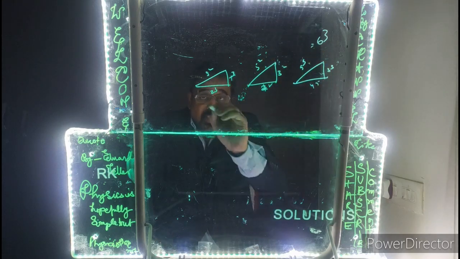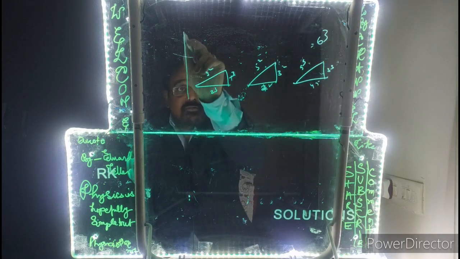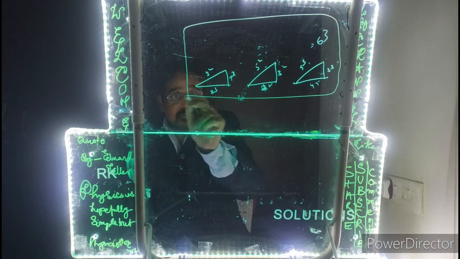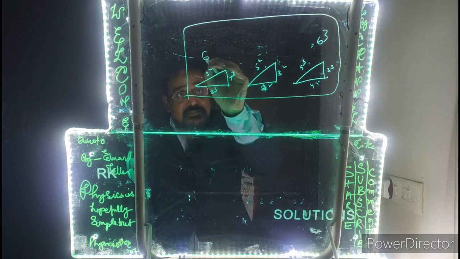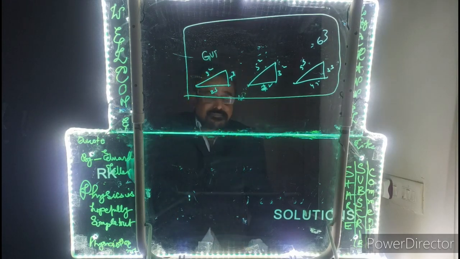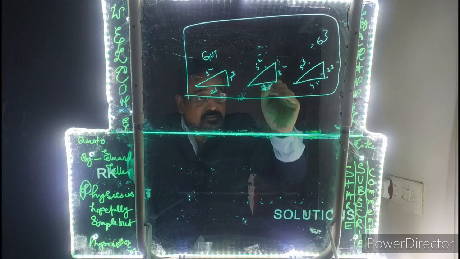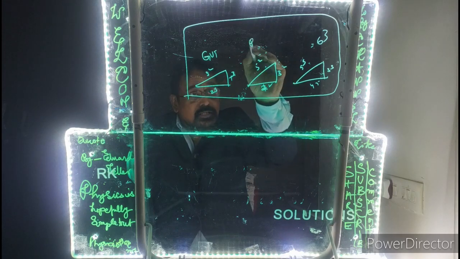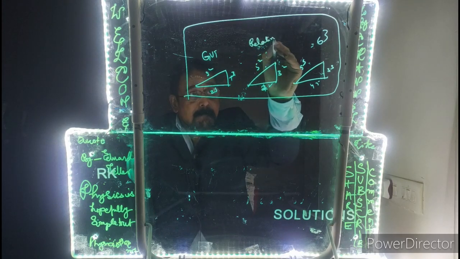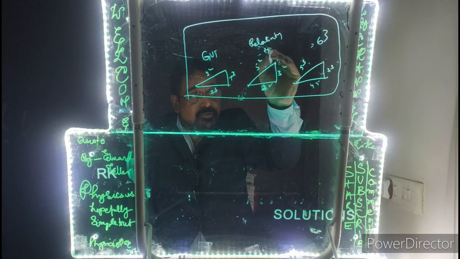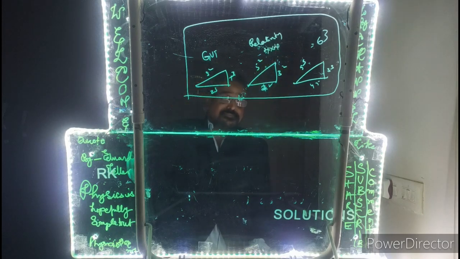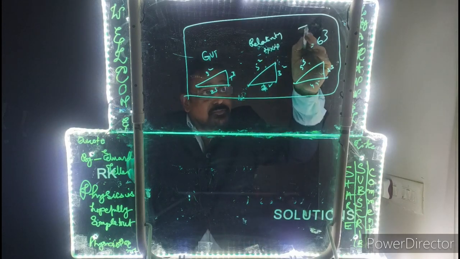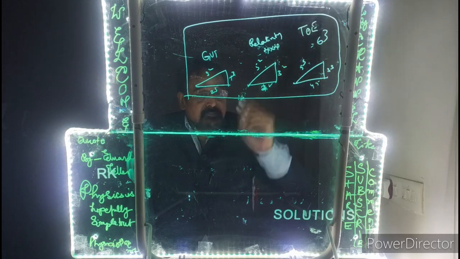So, if you can club all these three, this is more like relativity of 4 by 4 matrix, this is more like that.